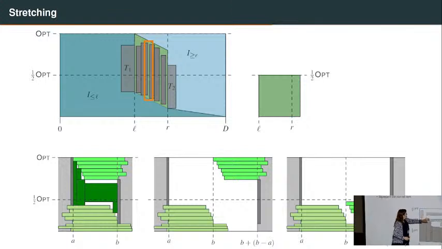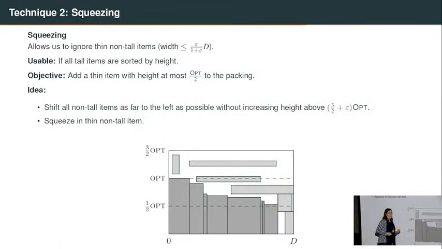As these items only have a height of 1/2, it's always possible to shift the items such that we keep a profile which is at least 1 plus some epsilon, which means that in the end we should have some free area where we can place an extra item which has a height of 1/2. And the width of this item depends on epsilon again.